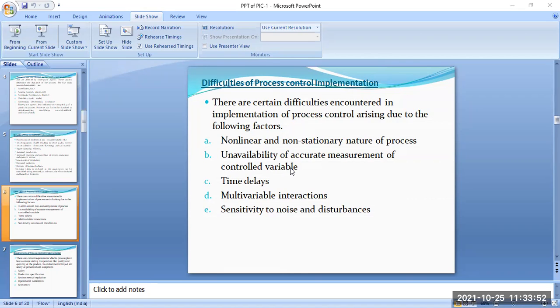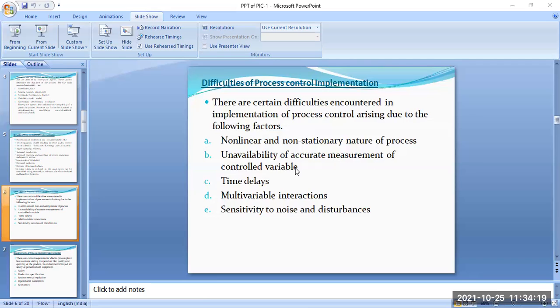It may be not possible to measure the quantity to be controlled, so it has to be estimated. In particular, you don't have an accurate measurement process or accurate measurement device. Okay, so at that time difficulties are sometimes present in this process or plant.